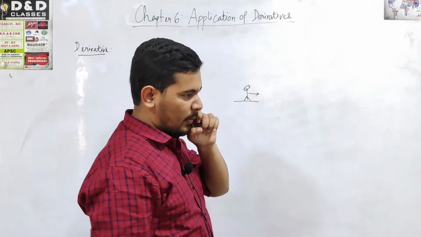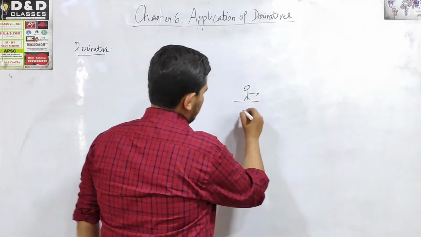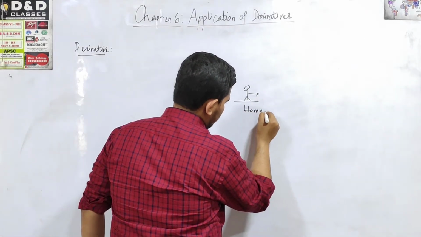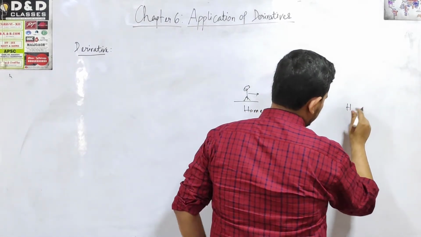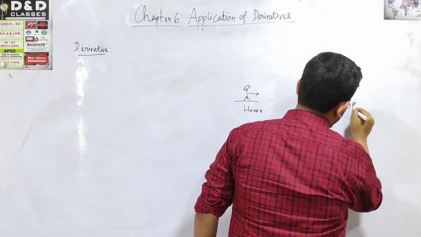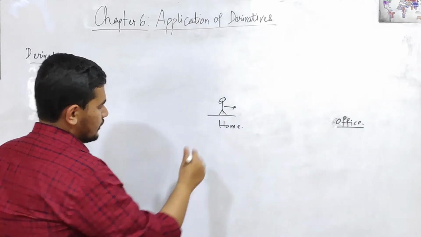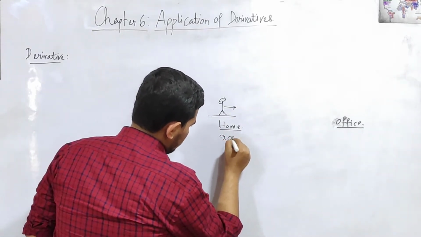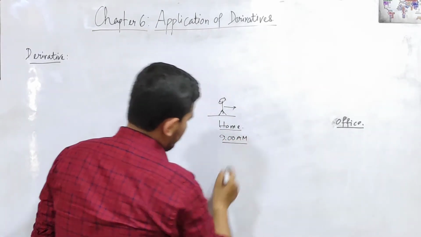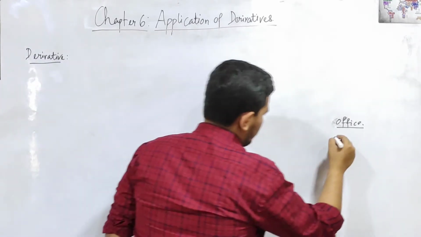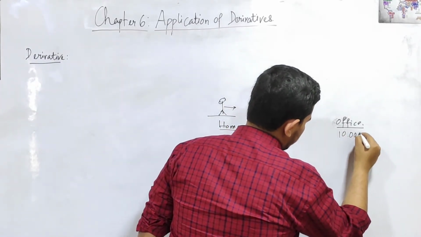This is his home and this is his office. Let's suppose he starts from his home at 9 a.m. and the office starts at 10 a.m.